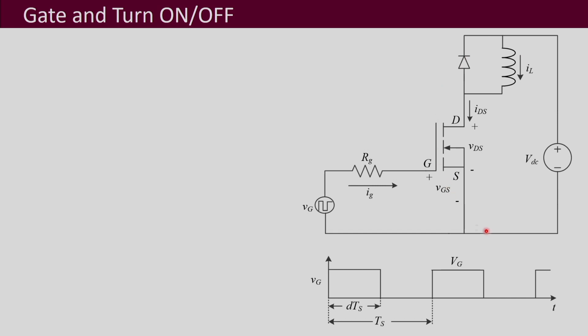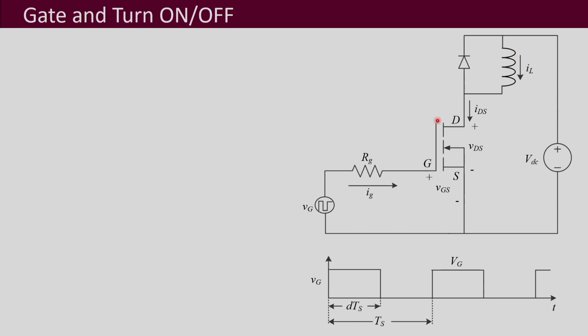This part is your power circuit, where we have the DC supply VDC, which forms the DC bus, and then we have a diode, and a current source formed using an inductor. You can assume it to be a large inductor.